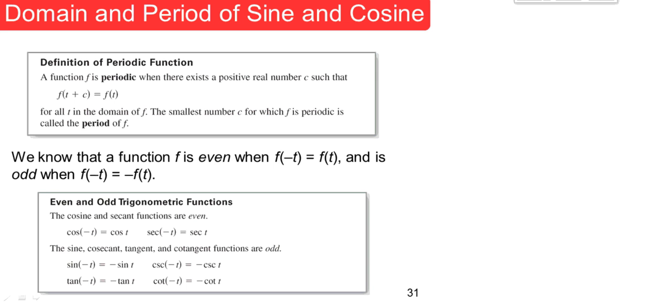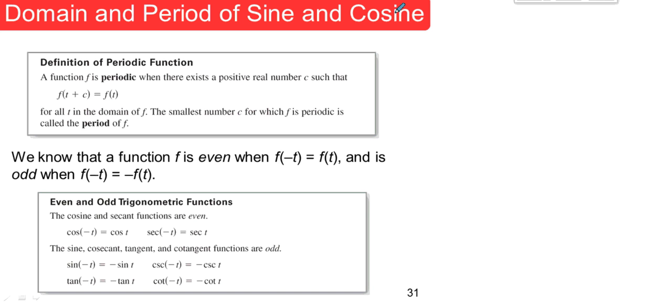So the definition of a periodic function is that a function f is periodic when there exists a positive real number c, and in this case it's 2 pi, such that f of t plus c equals f of t for all t in the domain of f. The smallest number c for which f is periodic is called the period of f. This does change with different trig functions.